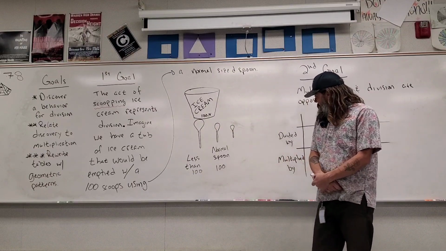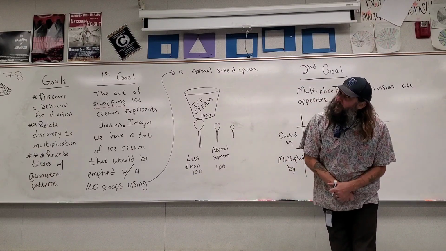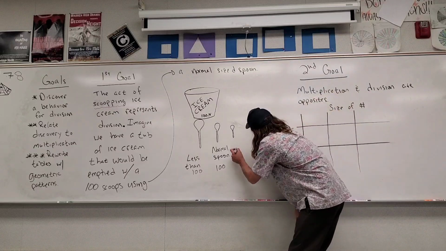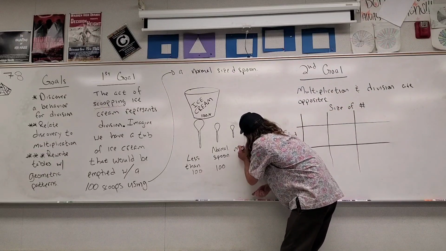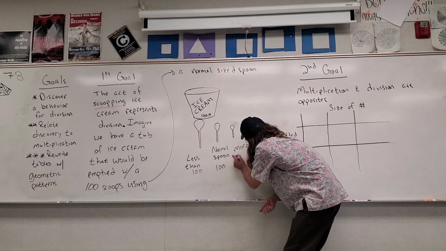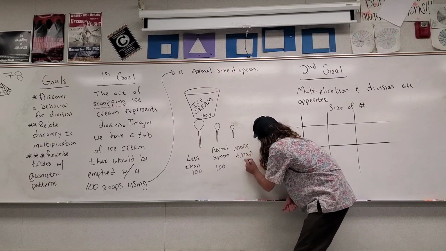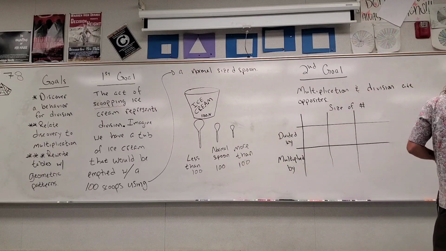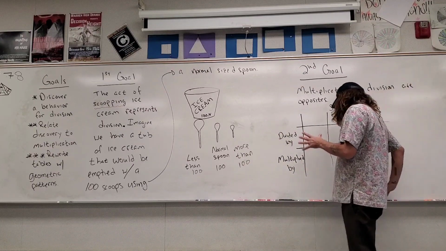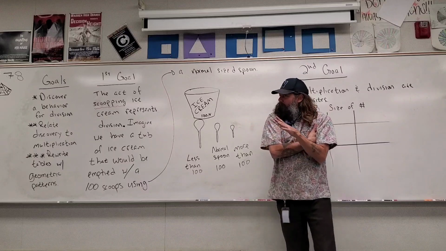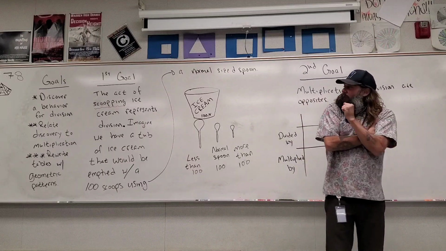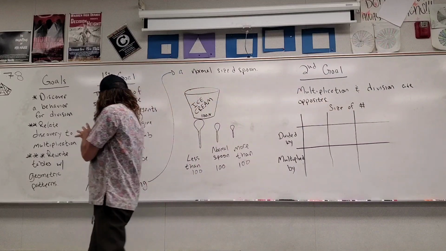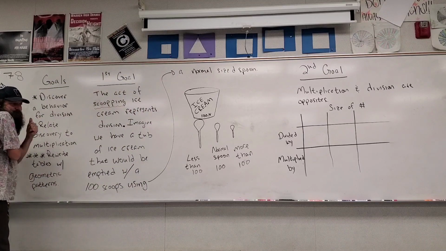But we can say for sure that it's going to take more than 100 scoops. And this hopefully gets you to understand the behavior for division that's been there the whole time, but maybe we just weren't quite aware of it.